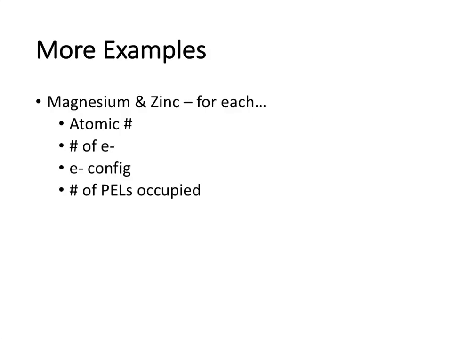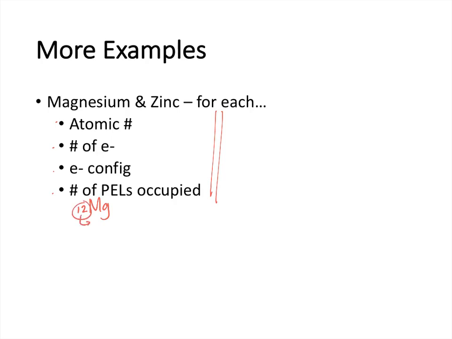So here's a couple other examples. So for magnesium and zinc, look at your periodic table and be able to identify these 4 points. So for magnesium, you find that on the periodic table, it's to the left. Its atomic number is 12. That is given to you, that's bold-faced lower left-hand corner.